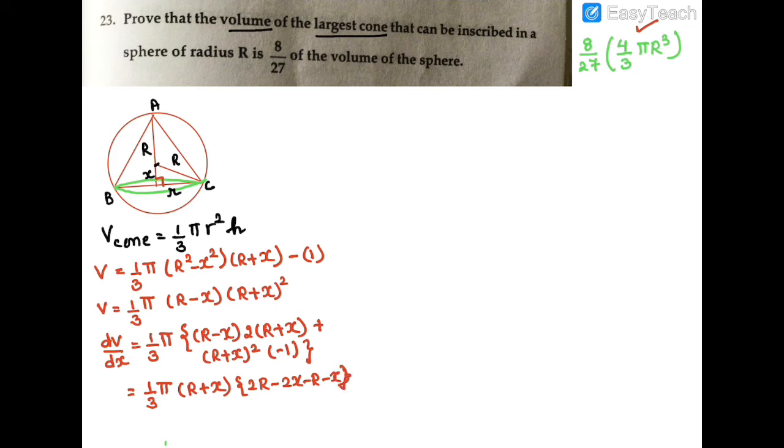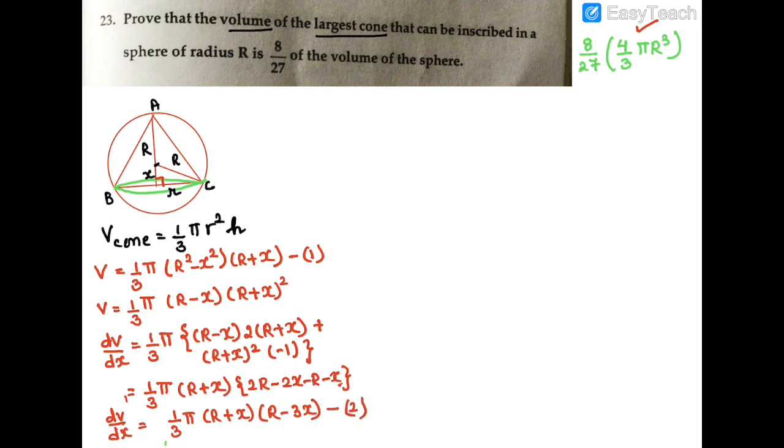So this one is R minus 3x, and therefore dv by dx is equal to 1 by 3 pi R plus x and R minus 3x.